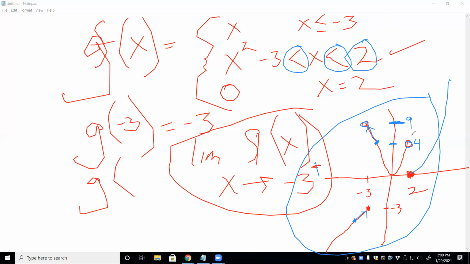In this part of the curve, it never reaches 2. It just approaches it. When it actually gets to 2, it's 0. So g of 2 is 0. Okay, that makes sense, I appreciate it.